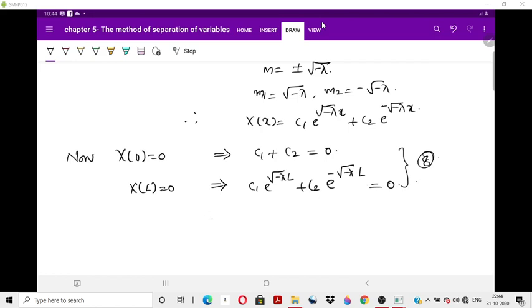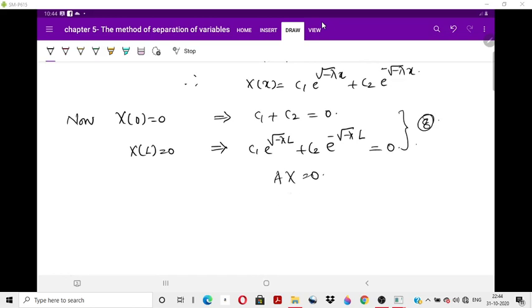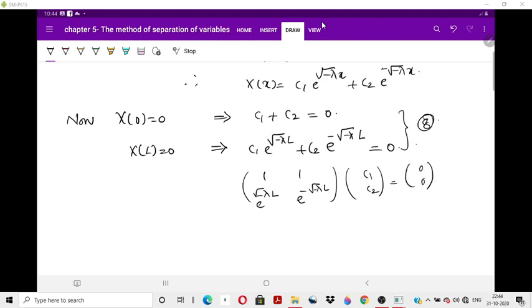When we consider this in the form Ax equal to 0, we can write the system as the matrix with rows 1, 1 and e raised to root of minus lambda L, e raised to minus root of minus lambda L, times c1, c2 equal to 0. This is a homogeneous system of equations, the matrix system Ax equal to 0.